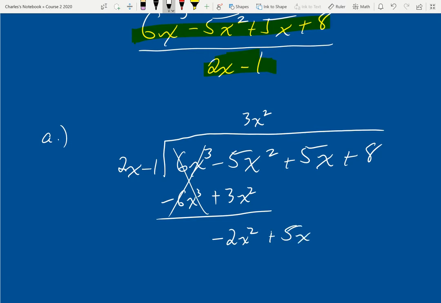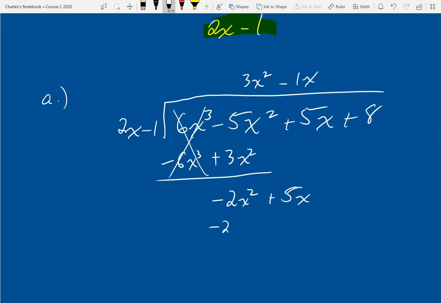So then I'm going to get minus 1x. And then I get negative 2x squared plus x. And then I'm subtracting the whole expression, which means I'm going to turn this to plus and I'm going to turn this to minus. And then this cancels, and I get 4x plus 8.